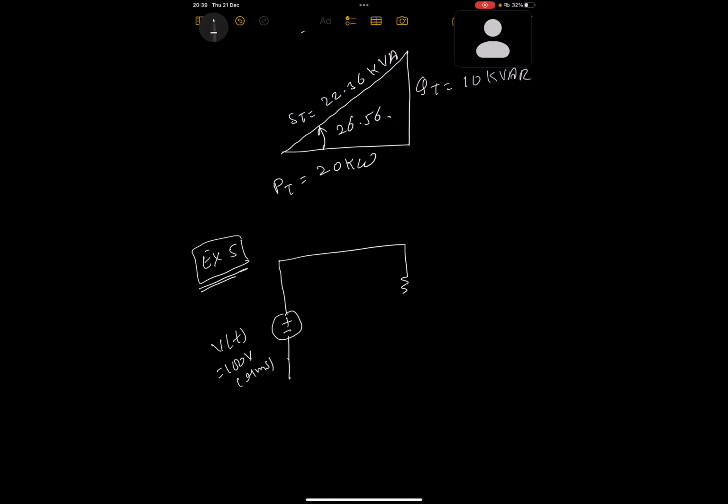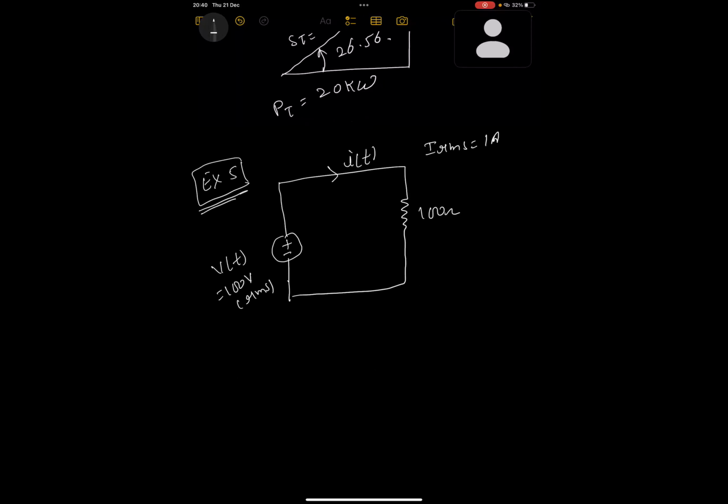This one is your resistance, 100 ohm, and IT current flows, and the IRMS value is 1 ampere given. Okay, and we have to find out the complex power.